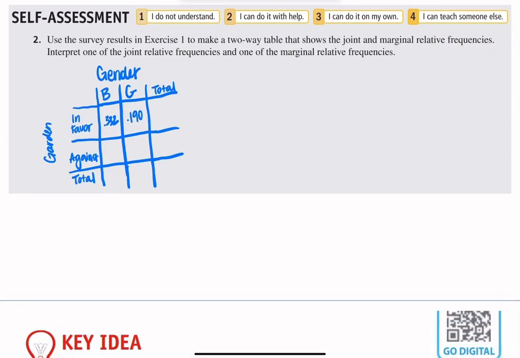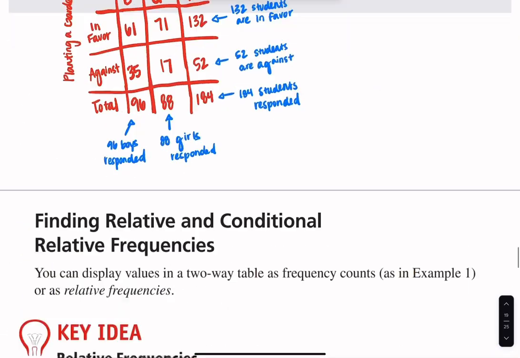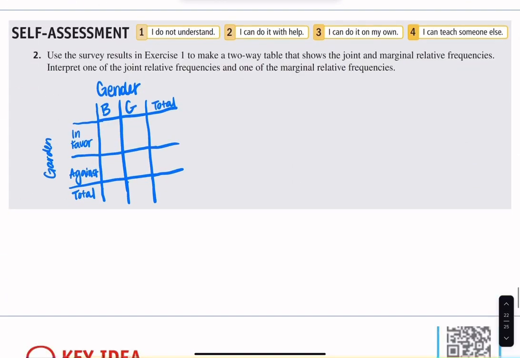Oh, I am doing this wrong. Forgive me. I hope you guys were yelling at the screen. Okay, boys in favor, 61 divided by 184. No, that one was right. 0.332 was right there. Girls in favor was wrong. That should have been 0.386. For boys against, you should have gotten 0.190. And for girls against, you should have gotten 0.092.